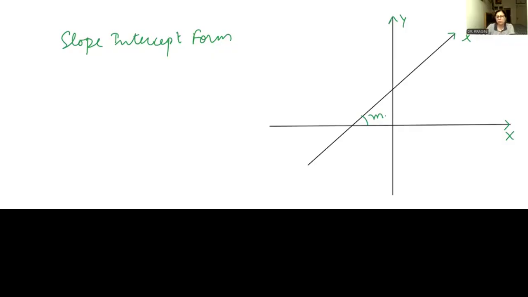Instead, we know the point where the line cuts the y-axis. The slope intercept form is given as y is equal to mx plus c. Right? M represents the slope of the line. It might be given to us directly, or the angle may be given so that we can find tan theta and write the slope.